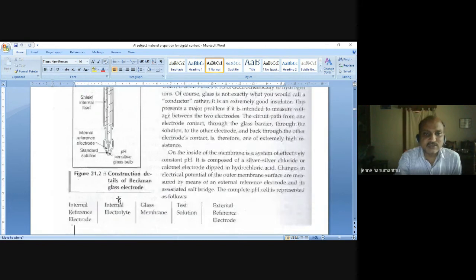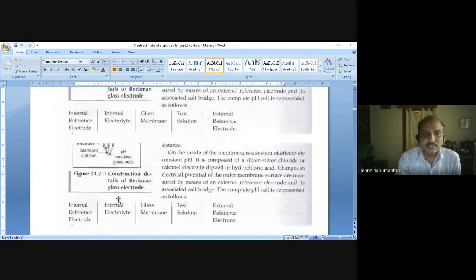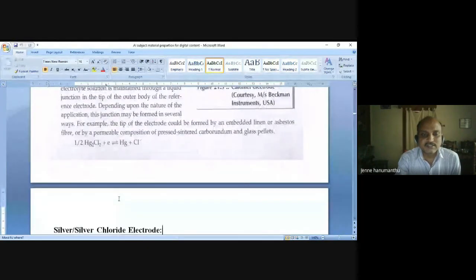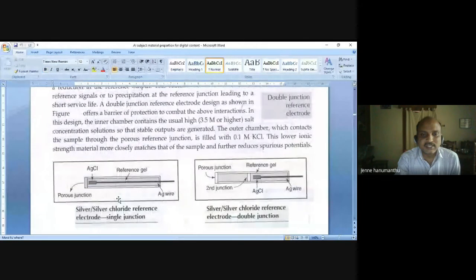It's a glass one, and observe one more, calomel. See, different types of calomel chloride reference. It is a silver chloride reference electrode.